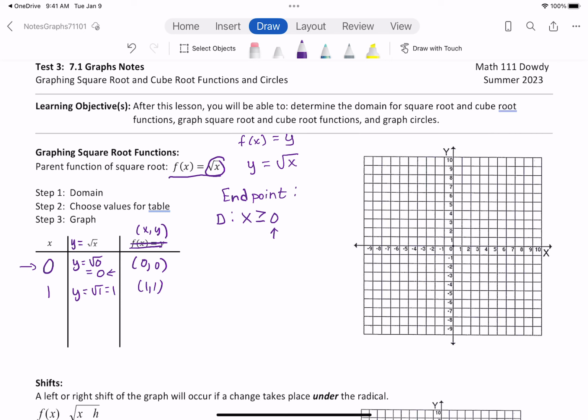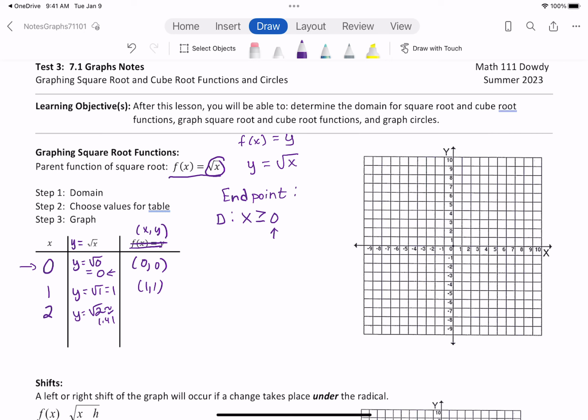But what if I just kept counting and I chose 2? So if I did that, that one's not a perfect square. So I'd pick up my calculator, put in square root of 2, and it tells me that that is approximately 1.41.